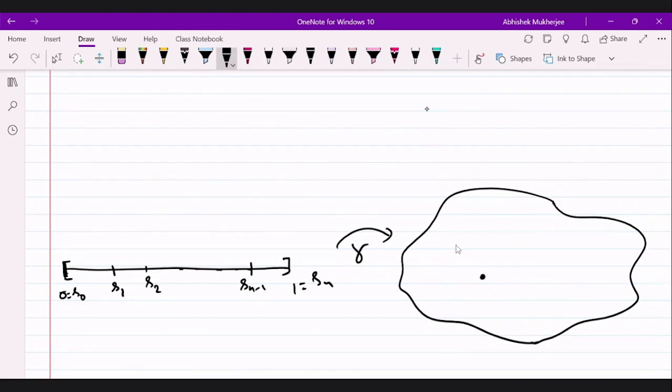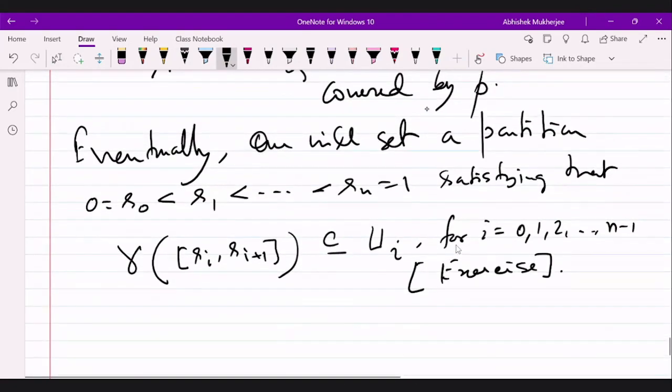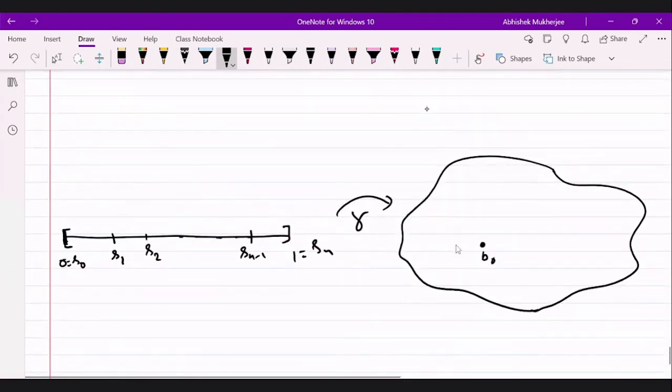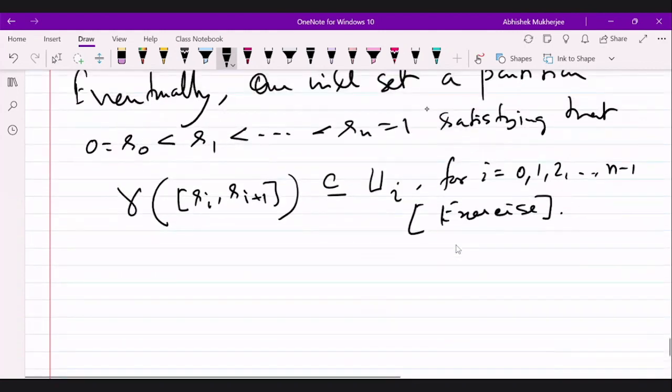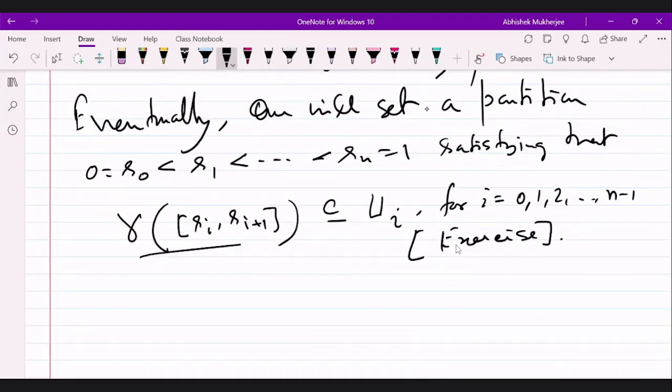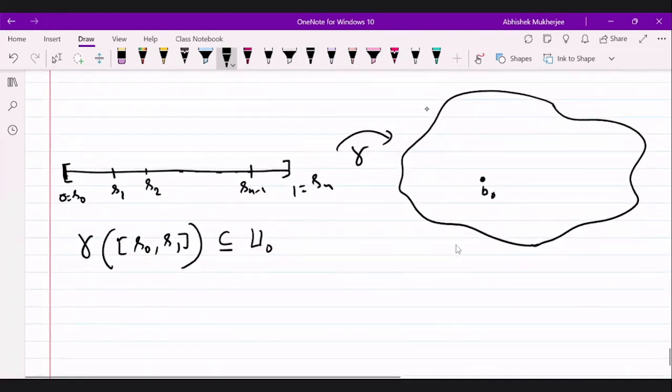You are considering the open set U naught, right? Because here gamma of the interval S0 to S1 is a subset of U naught, right? By that statement.